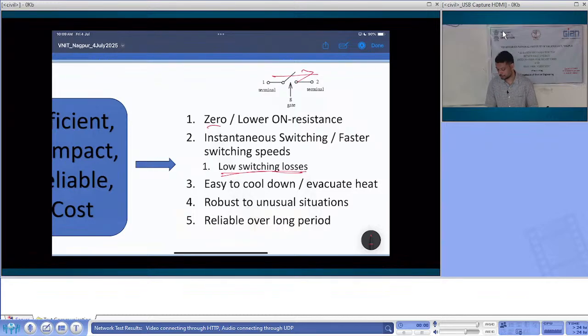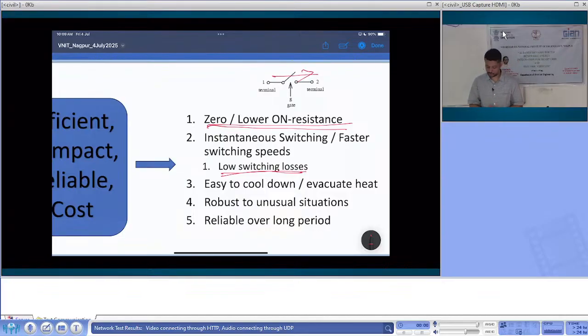That way we can have an efficient converter, and not just that, if you have lower switching losses, then you can switch more times per second. We can increase the switching frequency, and higher switching frequency leads to smaller size, because the size of the transformer comes down, the size of the capacitor comes down, right?